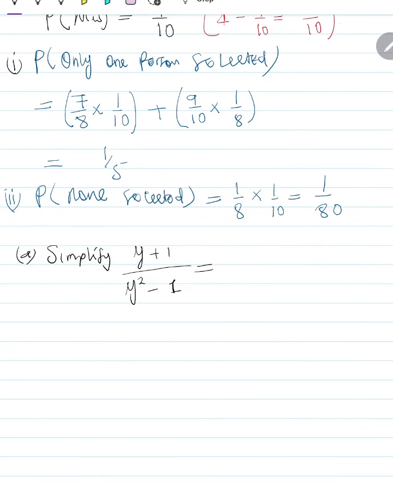So in the numerator you have y plus 1 divided by, in the denominator, you know, y squared minus 1 is just the same as y minus 1 multiplied by y plus 1. Okay, so y plus 1 and y plus 1 cancel. This should give you, I'll just write it here for the sake of nice presentation.